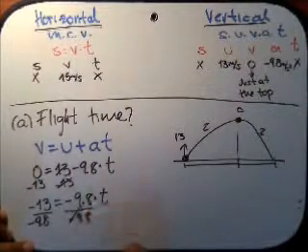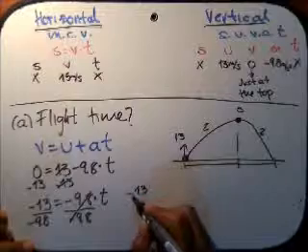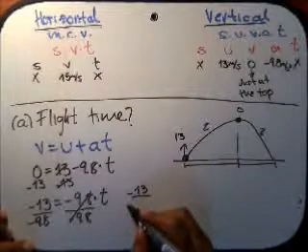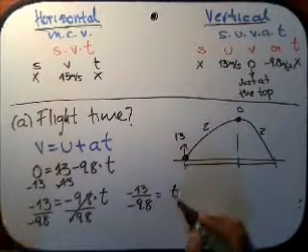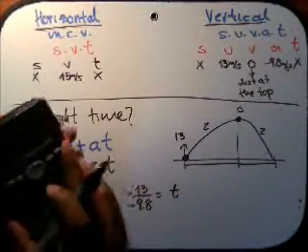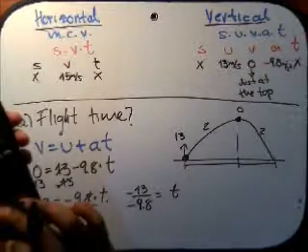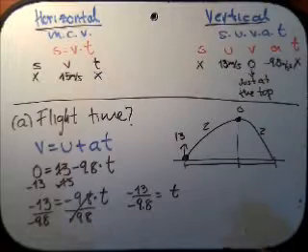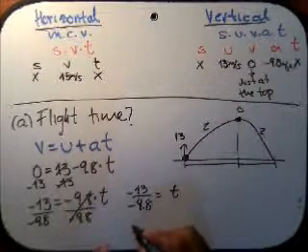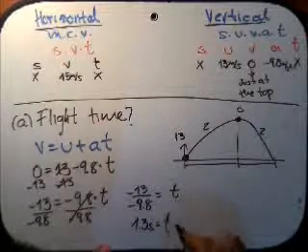The 9.8 cancels here, so I get that the time will be negative 13 divided by negative 9.8. That will be my time. And if I do that in the calculator, 13 divided by 9.8, I will get 1.3 seconds. So 1.3 seconds is the time.